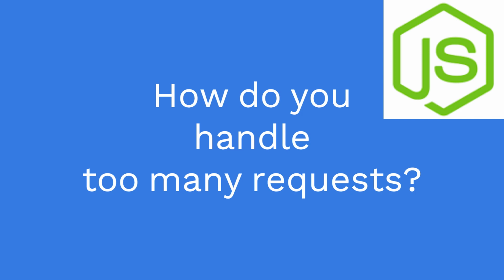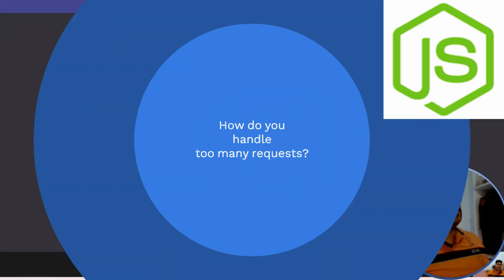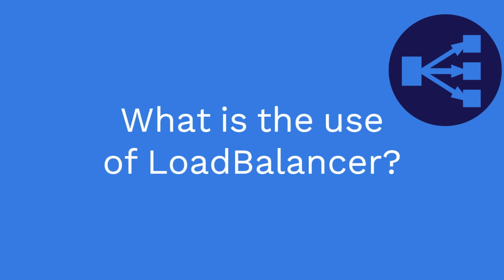Okay, you just talked about the load balancer. What is the use of the load balancer, and for what purpose are you using it? Your application is deployed on multiple servers. The load balancer's duty is to equally distribute the traffic among all the available instances.